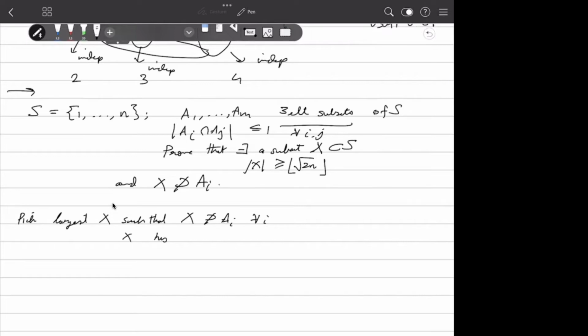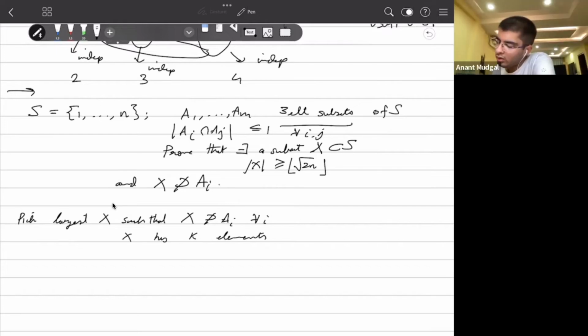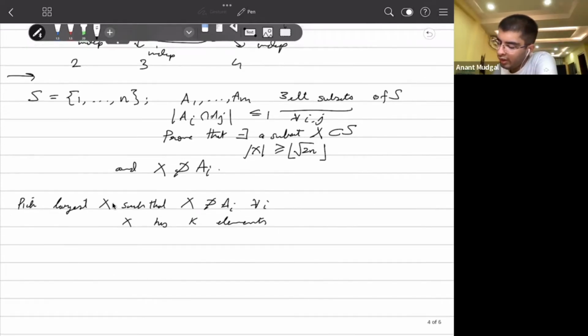So let's say this X has k elements. Now you have these k elements, say, I don't know, just 1 to k. I'm not taking vertices, so it's fine. And you have the remaining n minus k numbers.